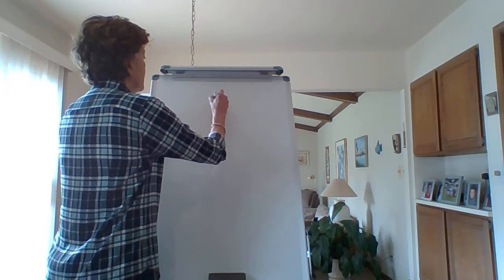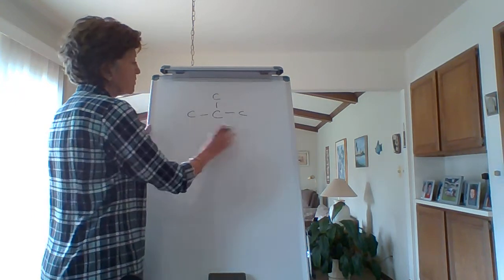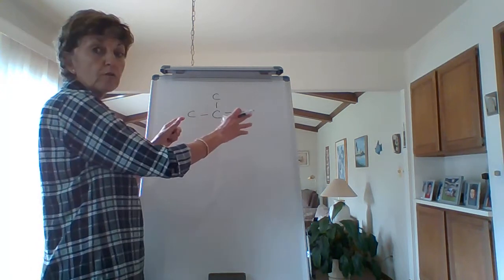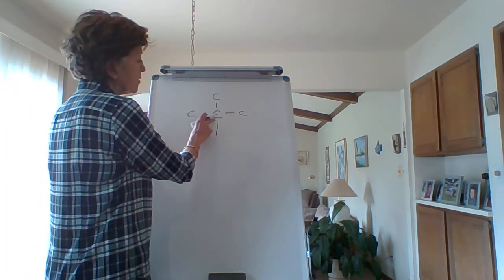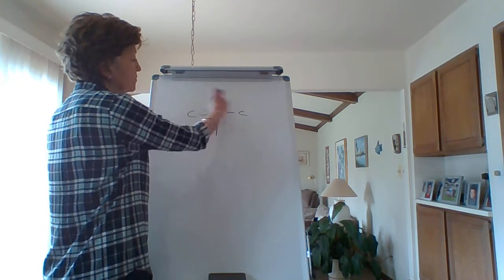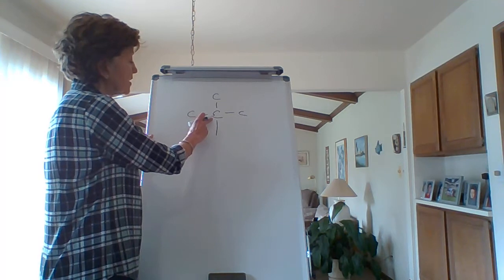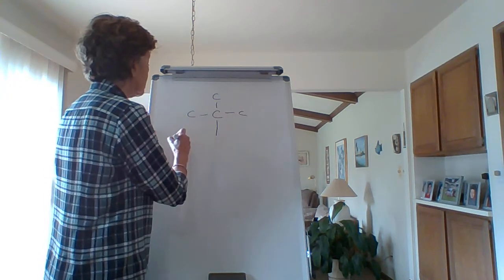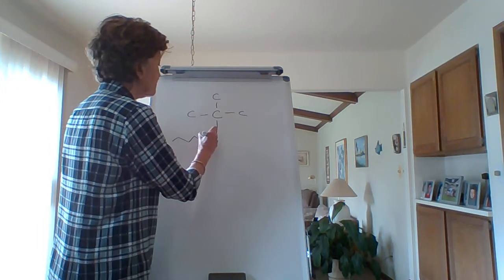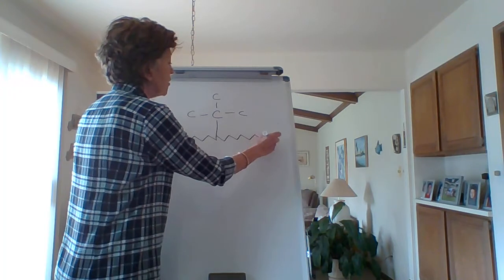This is 4 carbons, but they're attached like this. So it's still a butyl, but it's a certain type of butyl. This carbon here that's got 3 other carbons around it, it's called a tertiary carbon. We're going to talk about this in the next video, like I said. But for now, I want you to look at this and see, okay, that's my alkyl group. It's attached to this hypothetical long alkane.